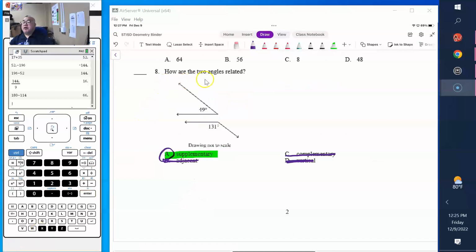How are the 2 angles related? Well, you know that this angle is 49 degrees. This angle is 131. And when you add these 2 up, 49 plus 131, that gives you 180 degrees. So they're going to be supplementary. The other word, complementary, means it's a sum of 90 degrees.